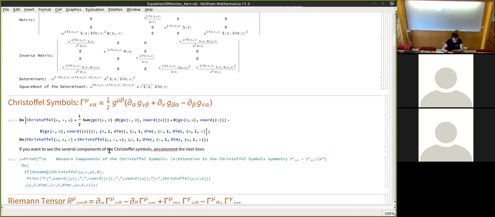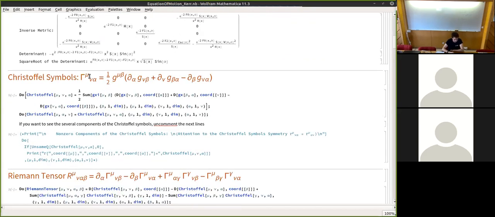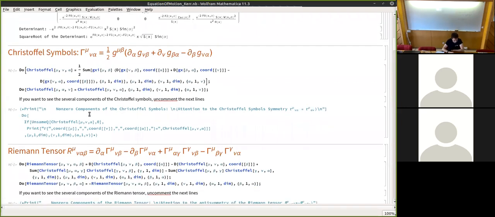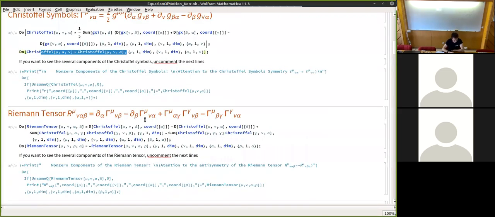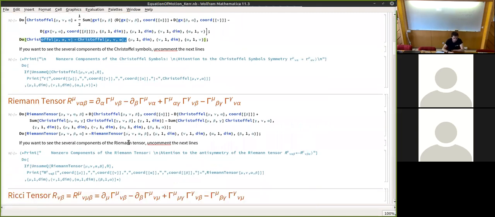So now we have to compute the Christoffel symbols. You can do this, and this line here is just to print the non-zero components of the Christoffel symbols. Also, I use the symmetries of the quantities to be a bit faster. Then with the Christoffel symbols, you can compute the Riemann tensor.